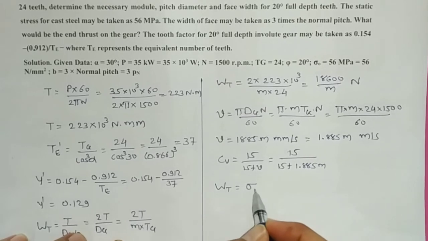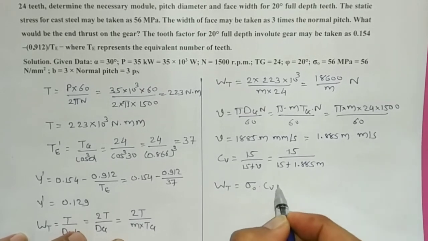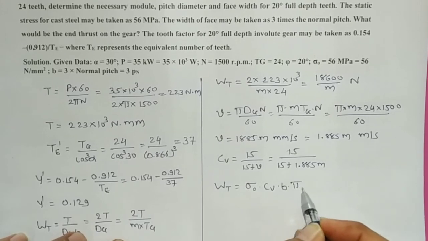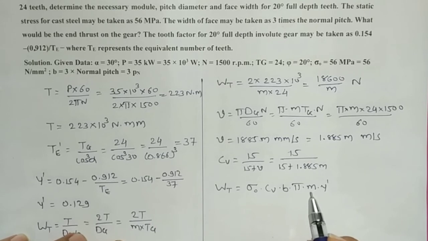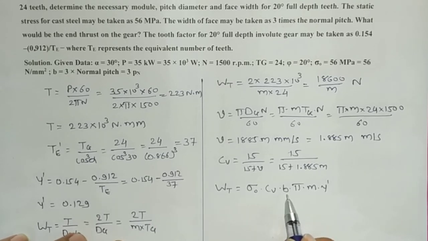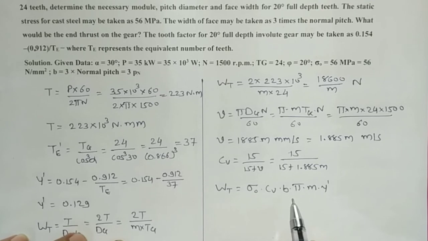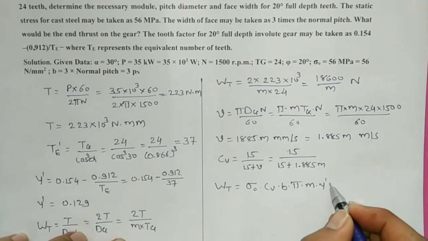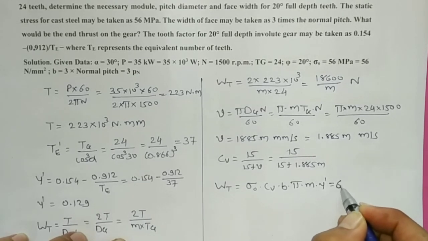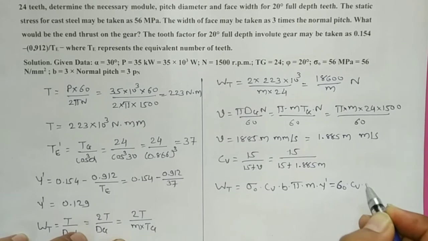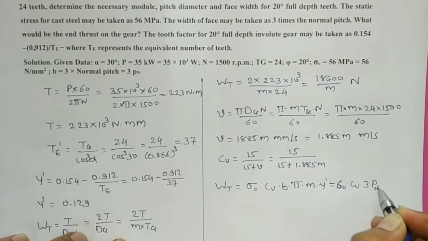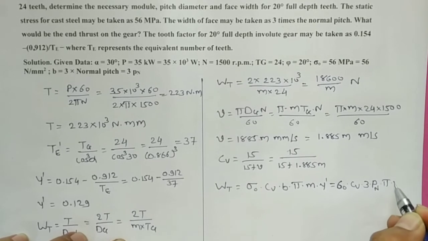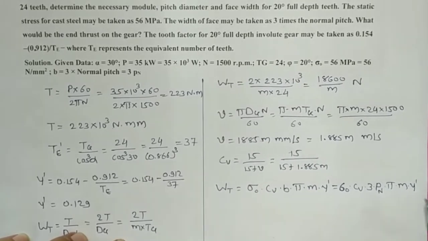Now we know that the equation of the tangential tooth load, Wt is equal to sigma O into CV into B into pi m y dash. Okay. Now we know that the B is equal to 3pn, already given. It is equal to 3 times the normal pitch. Okay. So therefore this equation becomes sigma O into CV, and B is equal to 3pn into pi into m into y dash.